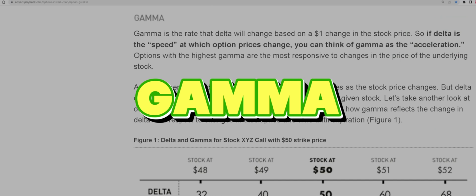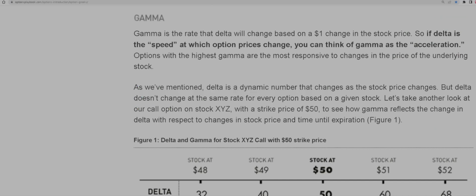Gamma is the rate at which delta will change based on a $1 change in the stock price. A little confusing, but here it is. If delta is the speed at which the option price changes, you can think of gamma as the acceleration.